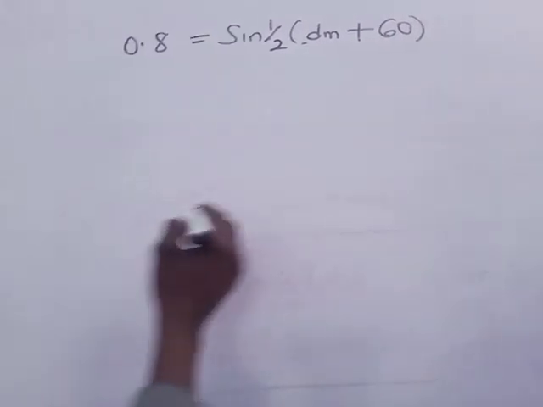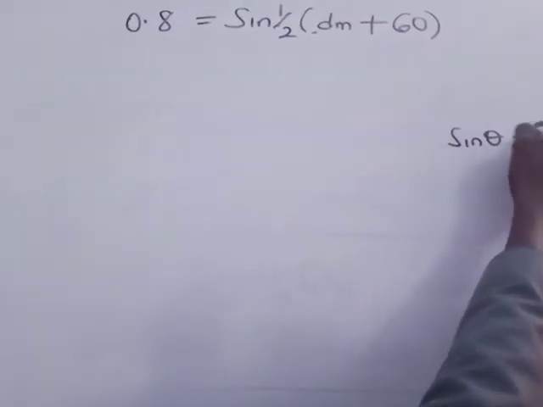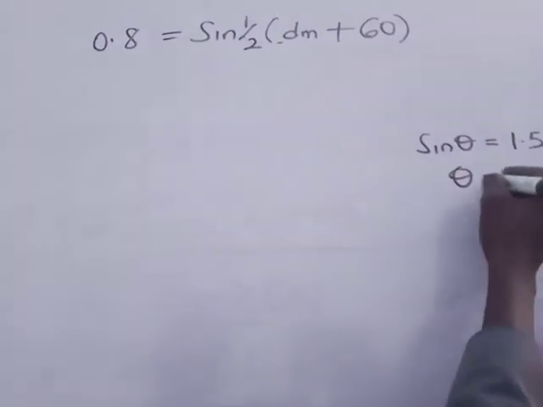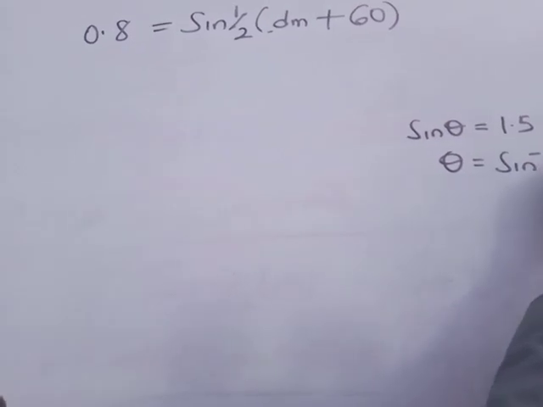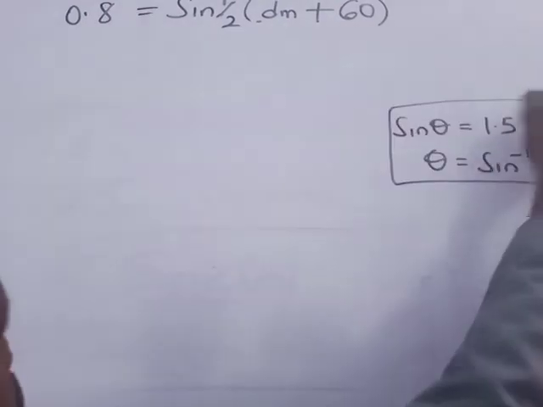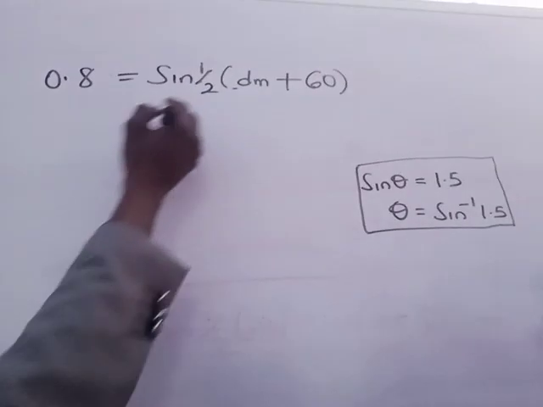You remember when you have something like sine theta equals 1.5, how do you get your theta? Theta will be arc sine 1.5. So you remember something like this? So that's what you apply here now.